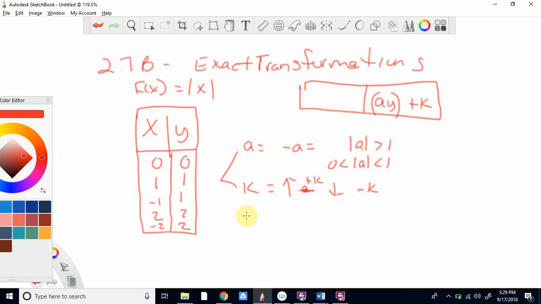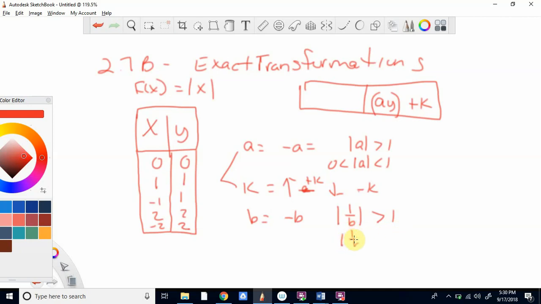Now let's look at b and h. b is a horizontal dilation or reflection. So when you have negative b, you have a horizontal reflection over the y-axis. If the absolute value of 1 over b is greater than 1, you have a horizontal stretch.